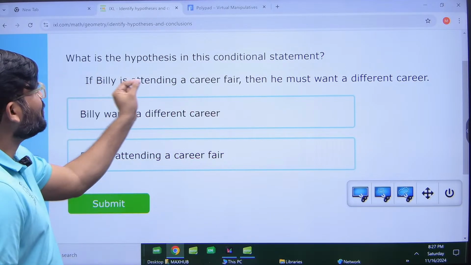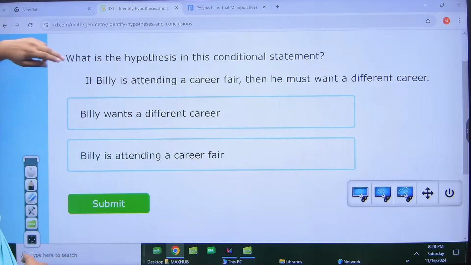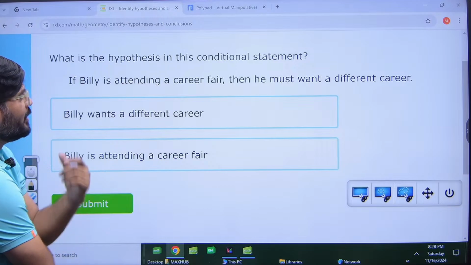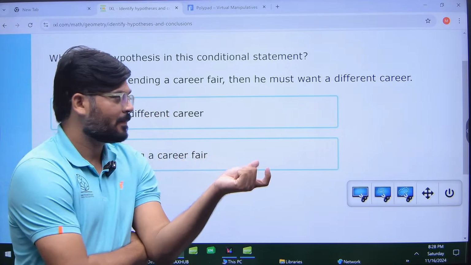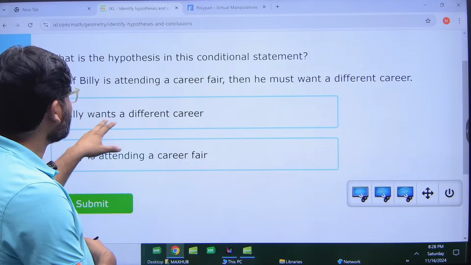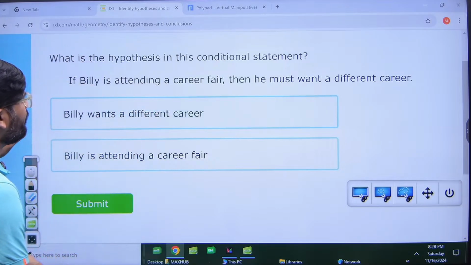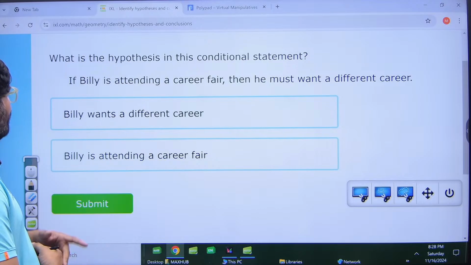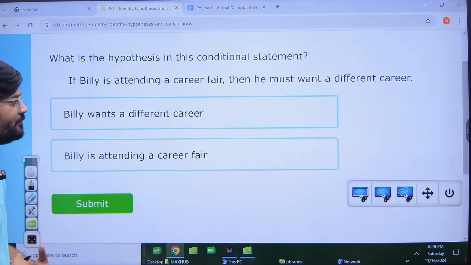What is the hypothesis in this conditional statement? Let us say what hypothesis is. If Billy is attending a career fair, then he must want a different career. Then what is the condition in this and what is the hypothesis in this?